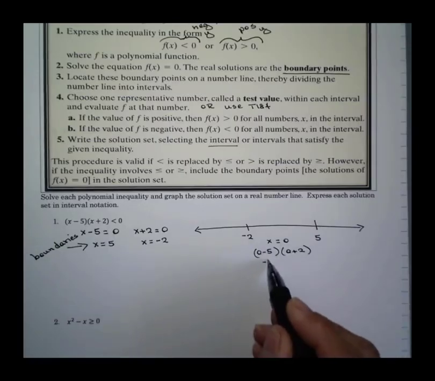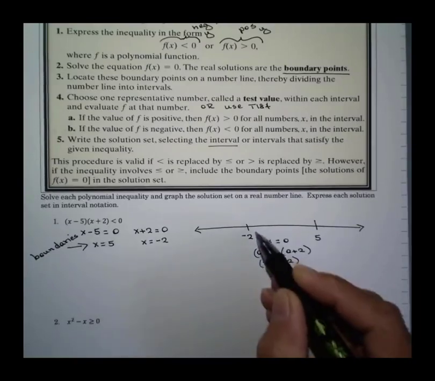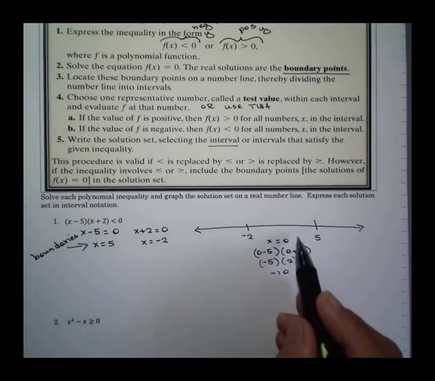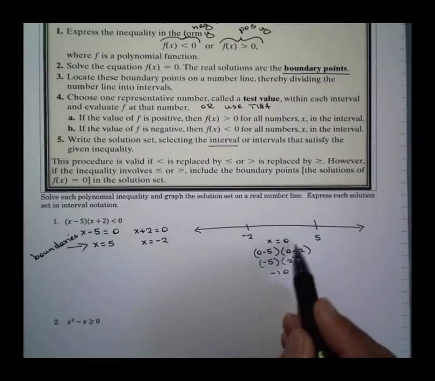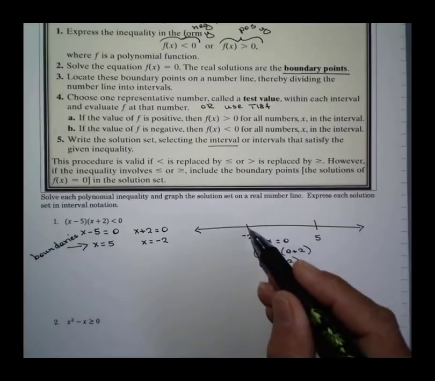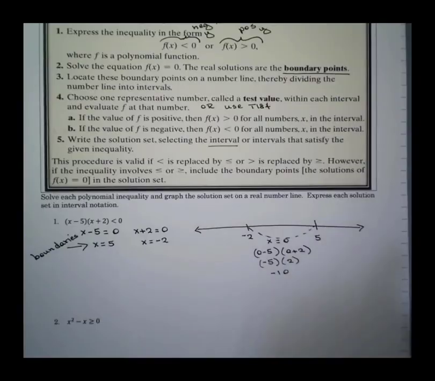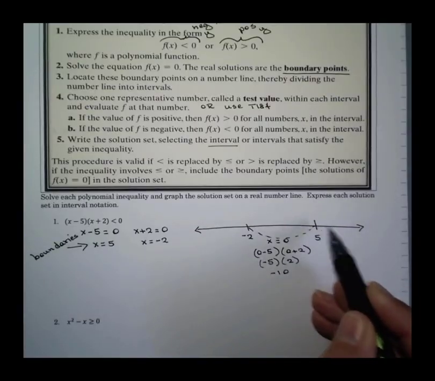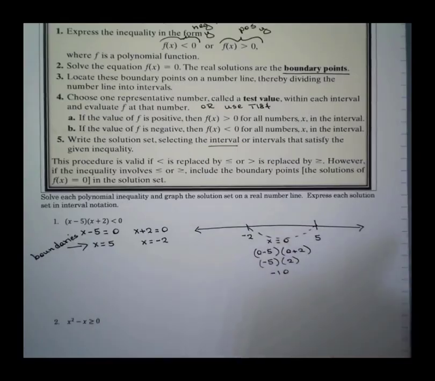Well, this is going to be negative 5 times positive 2, and that gives me negative 10. It's going to be down here below 0. Now, if one point between my two boundaries is below 0, then they're all going to be below 0. So I can sort of sketch that in, and I'll say, okay, I don't really care how far. I'm not trying for accuracy. I'm just trying for above and below 0. I know it crosses at positive 5 and negative 2, and here I know this middle part, between those two boundaries, is below 0.